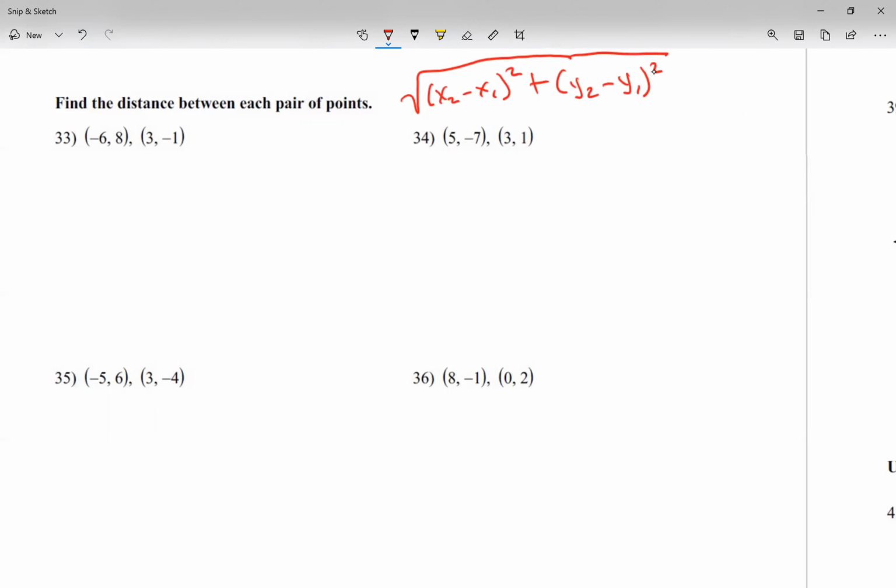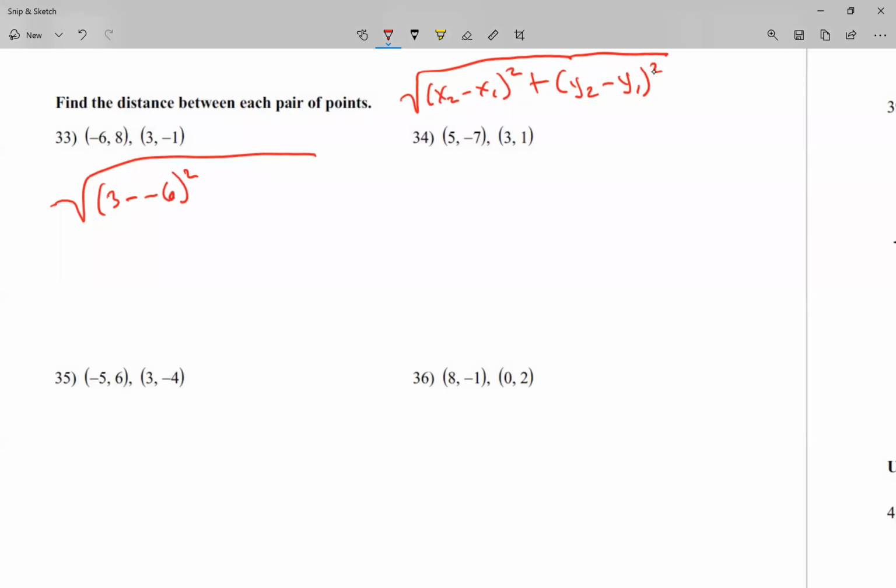So how does that look on our examples? I'm going to do a big square root. And inside the first parentheses, I'm going to do x2 minus x1, which means the second x minus the first x. So I'm going to do 3 minus a negative 6, all squared. In between my parentheses, I'm going to do a plus, and then I'm going to do negative 1 minus 8, and then inside parentheses.